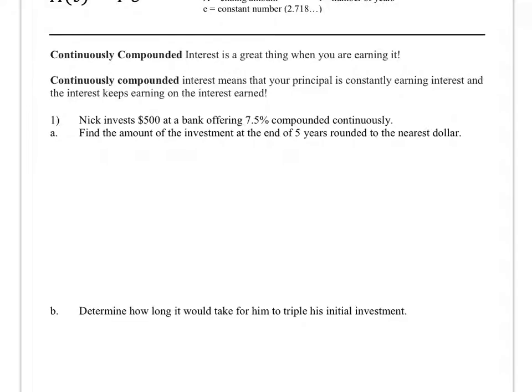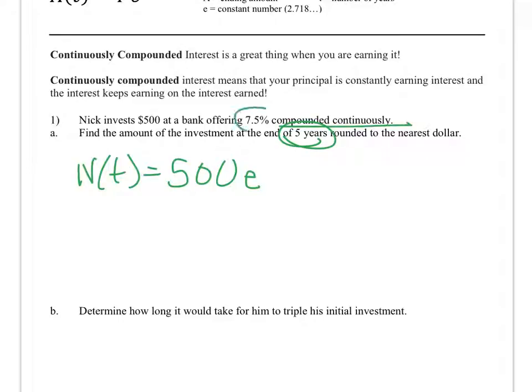So in this formula, Nick invests $500, earning 7.5% interest, compounded continuously. So the first kind of problem is where they give you the T and you just plug everything into the formula. So Nick, he's investing $500. Since it's compounded continuously, we're using E. The rate is 7.5, so when we make it a decimal, it's 0.075.